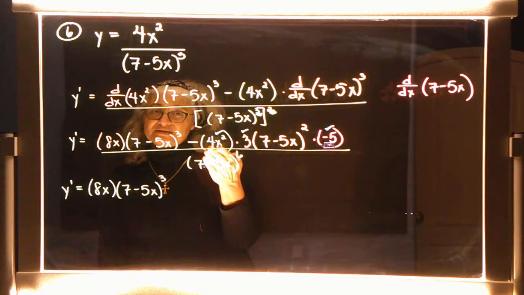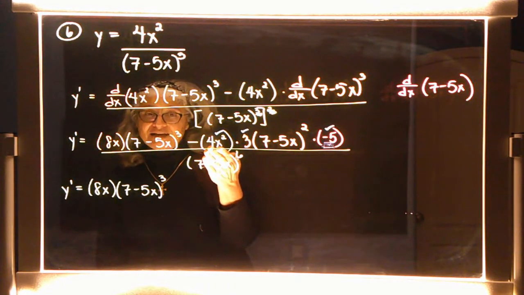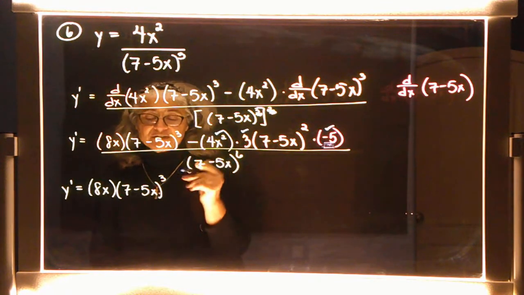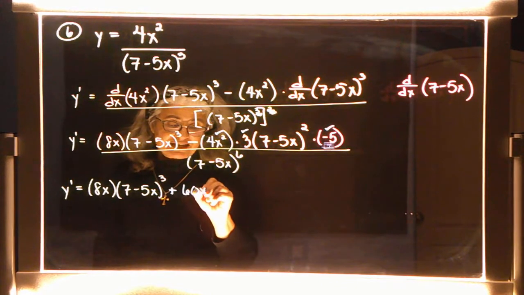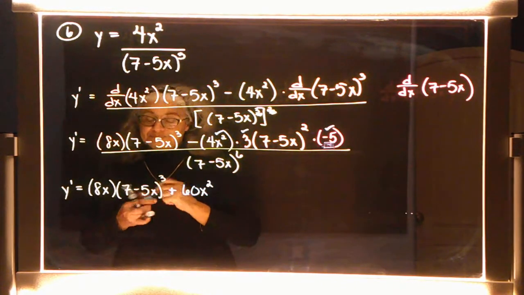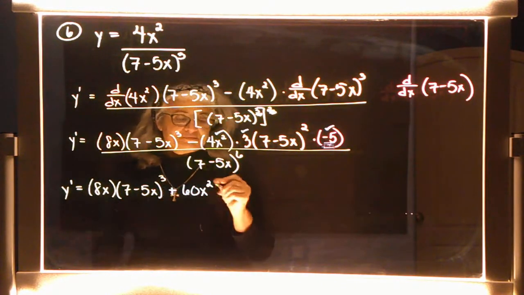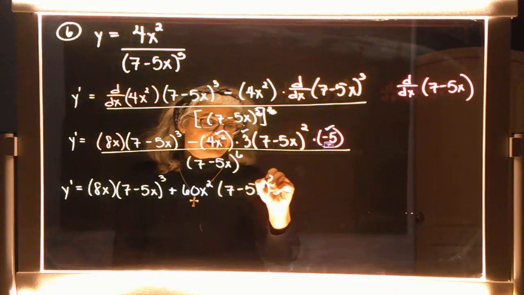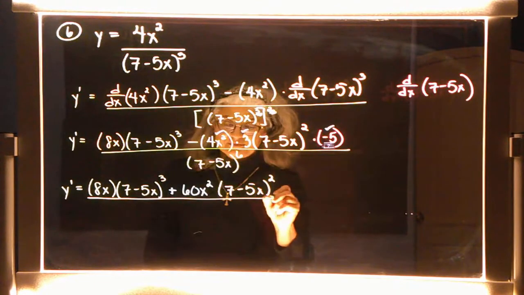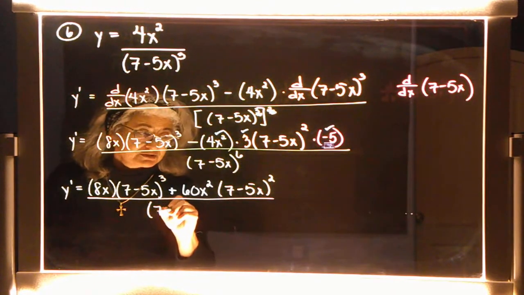Times the 4x squared. Good, that's a negative 60x squared. Following a subtraction sign makes this a positive 60x squared, doesn't it? Still being multiplied by the (7 − 5x)^2. And still have our wonderful little denominator.